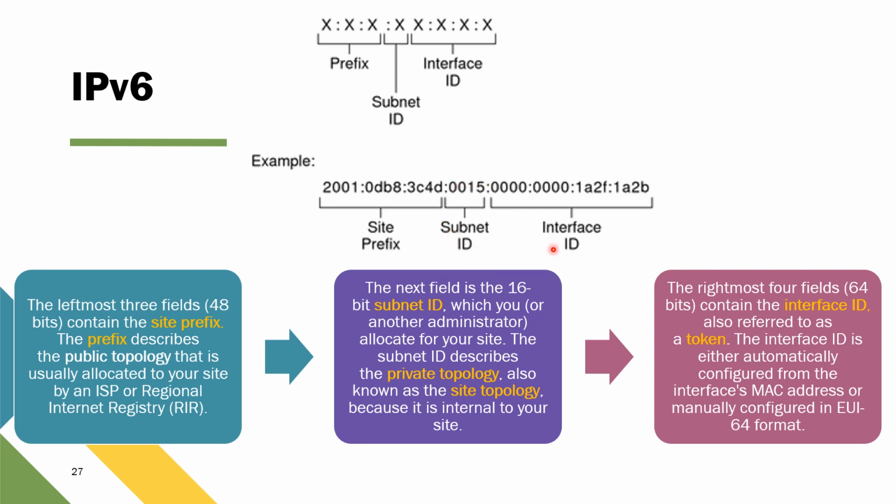Okay, and then the interface ID is the rightmost four fields containing the interface ID, also referred to as the token. So this is the specific address for the numbering of the devices that connect to this network. Okay, so usually this is automatically configured from the interface's MAC address, or manually configured using the EUI-64 format. Okay.